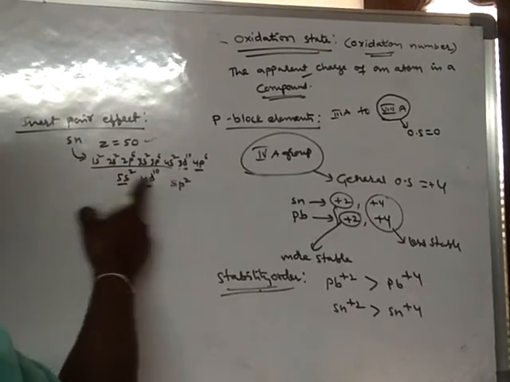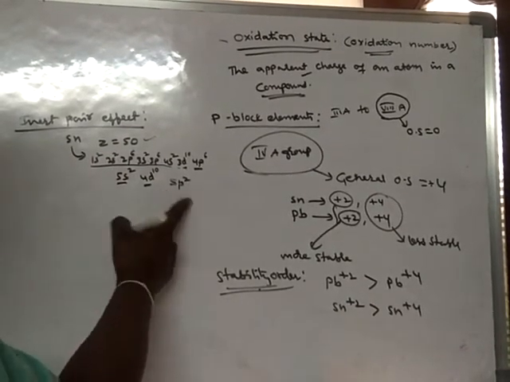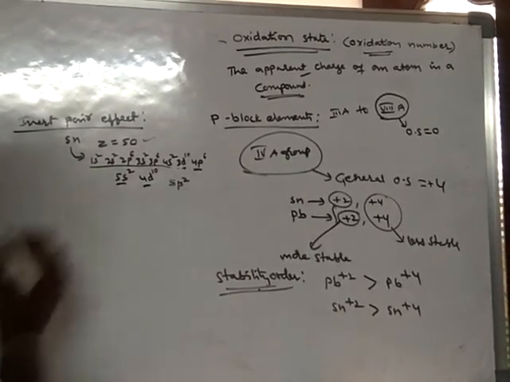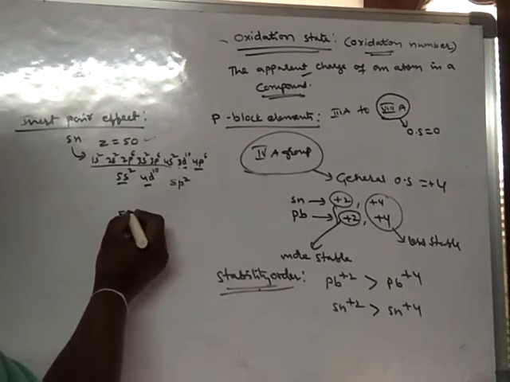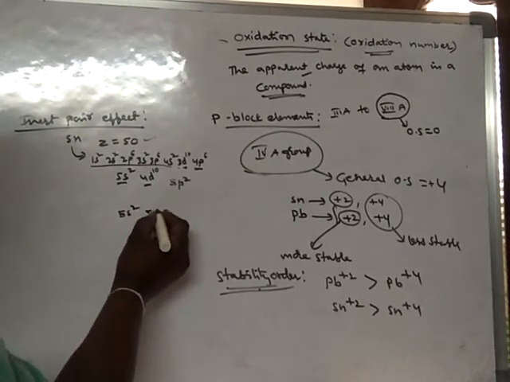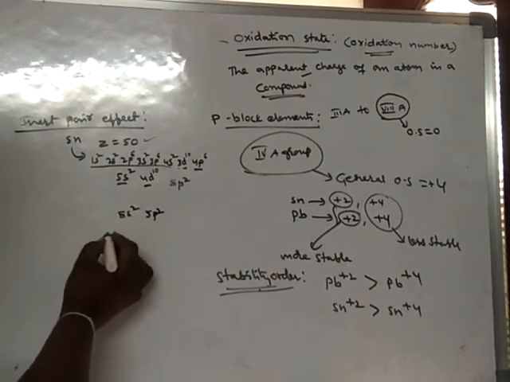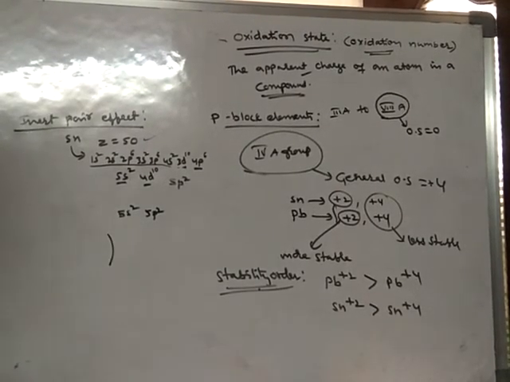The last orbit is the fifth orbit, having 5s2 and 5p2.